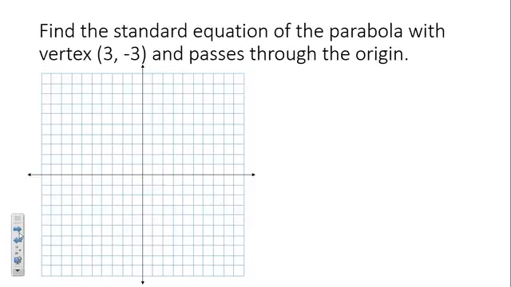Now this time, we're telling you we have a vertex, and we know that the parabola passes through the origin. So this is the segue that I was talking about with that last problem, number 48 or whatever it was that we did in our assignment. So plot your vertex. All right, we're at (3, negative 3). And we know it passes through the origin.